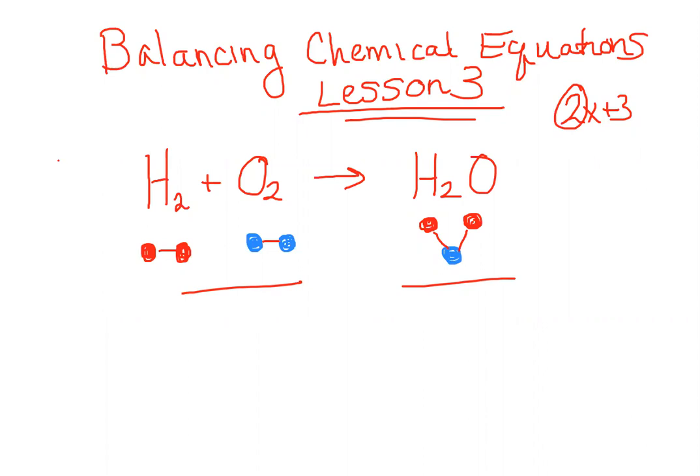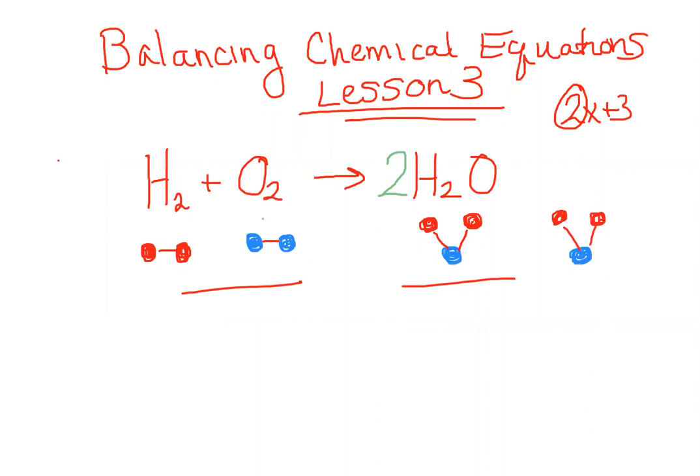So in order to do that, we only have 2 oxygens on this side, and we only have 1 oxygen on this side. So if we put a 2 out in front, a coefficient, now we have 2 water molecules over here. So we could write another one because we put the coefficient out in front.